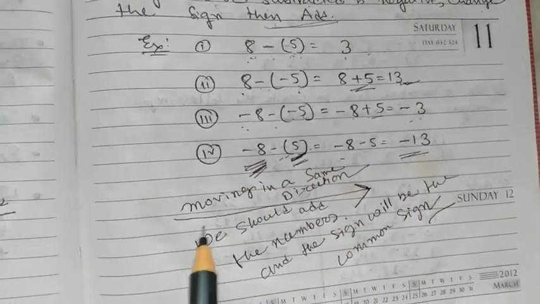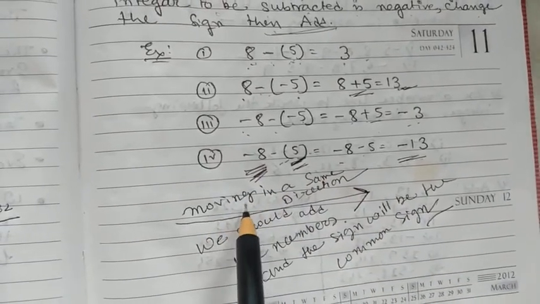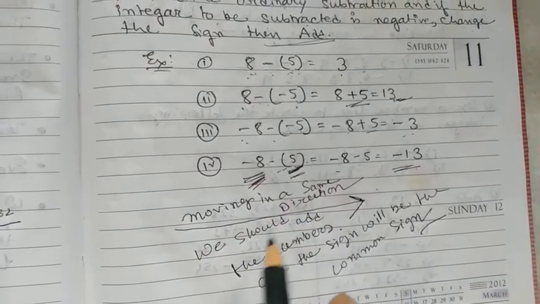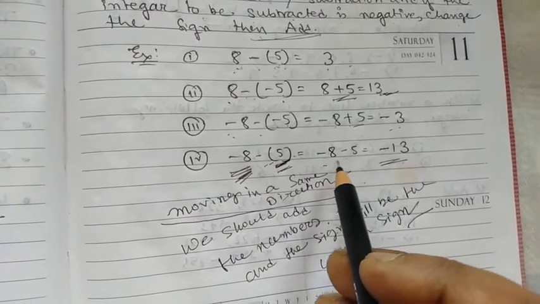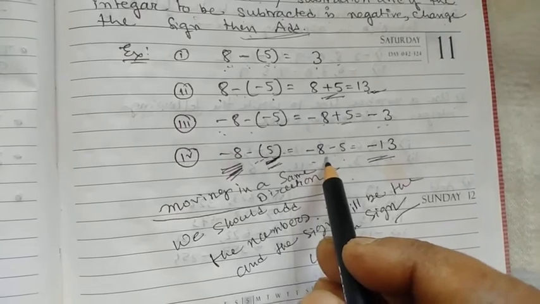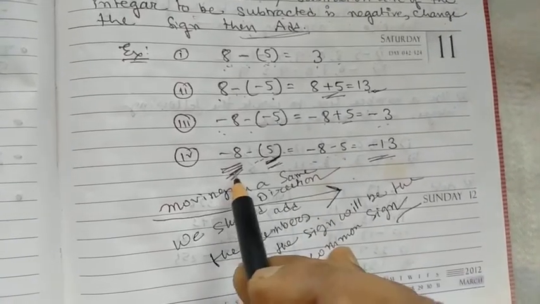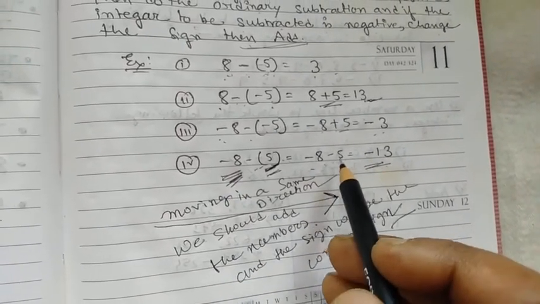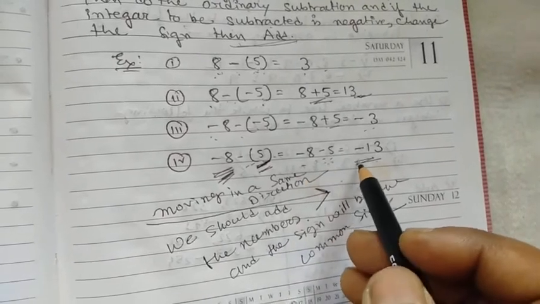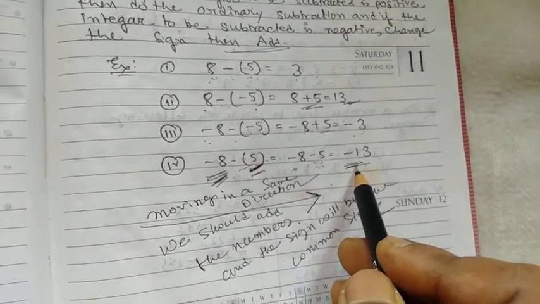What I have told, when both the numbers are moving in the same direction, we should add the numbers, that is 8 and 5 both are minus, moving in the same direction, so add the numbers, and the common sign is minus, so minus should be kept.